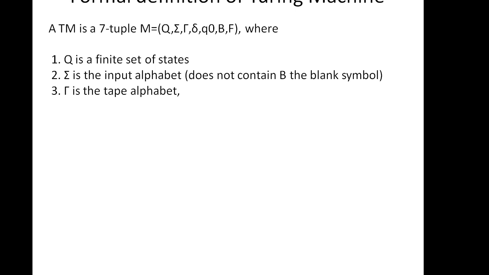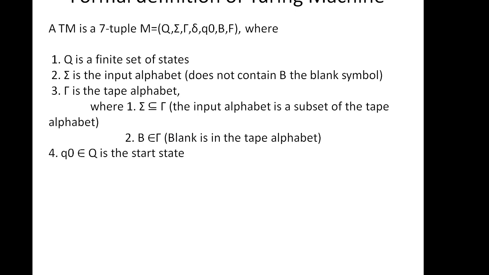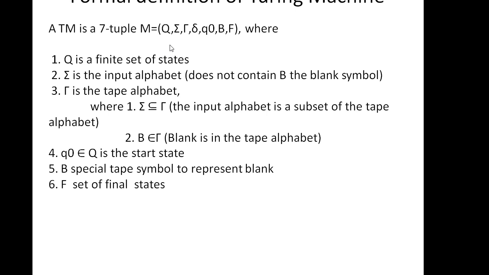So the input is a subset of the tape symbols, and blank is also a subset of the tape symbols. So blank can be present on the tape. The tape alphabet includes both the input symbols as well as blank. Q0 is your start state. B is your blank symbol, for representing blank spaces. F is the set of final states.